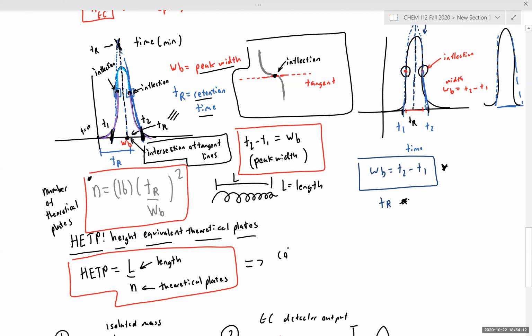And then you can compare this HETP to the previous HETP found for the GC lab, with a side note that you need to make sure to check which column was used.